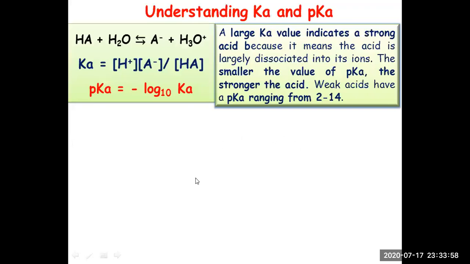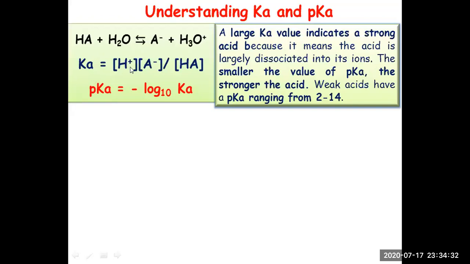So these are the various factors on which the strength of a base depends. Now let us go to the concept of pKa and pKb. Take any acid HA. According to Arrhenius, HA dissolves in water and produces A minus anion and H3O plus cation. If I apply the law of mass action and write the equilibrium constant for this weakly acidic compound, we have shown equilibrium here because it is not a strong acid.